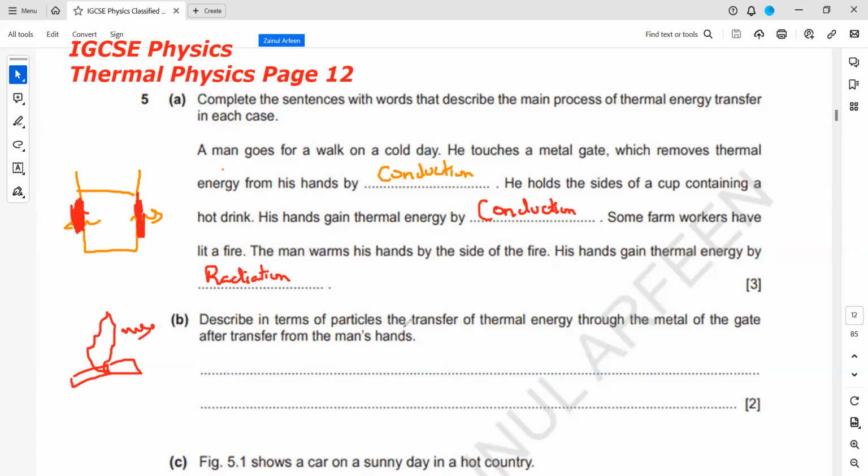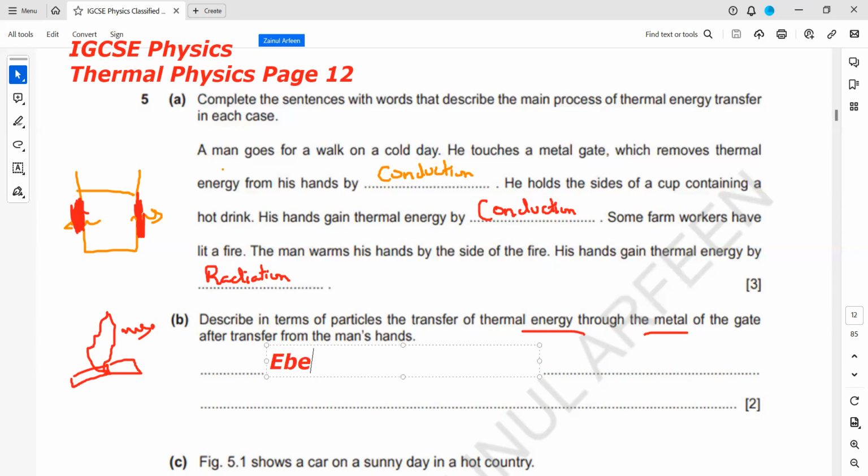Describe in terms of the particles the transfer of thermal energy through the metal of the gate after the transfer from the man's hand. Actually, you have to explain conduction here. The man touches the metal gate, and you have to explain how the energy transfers within the metal. So what will happen within the metal?